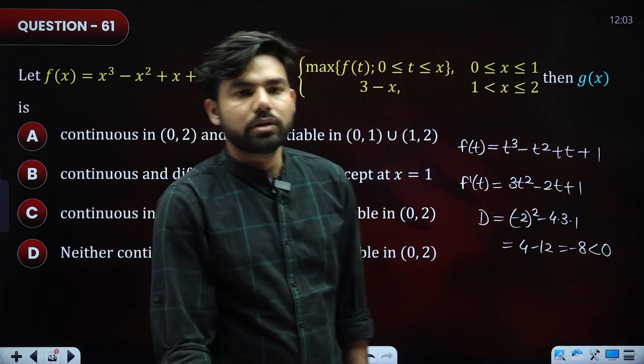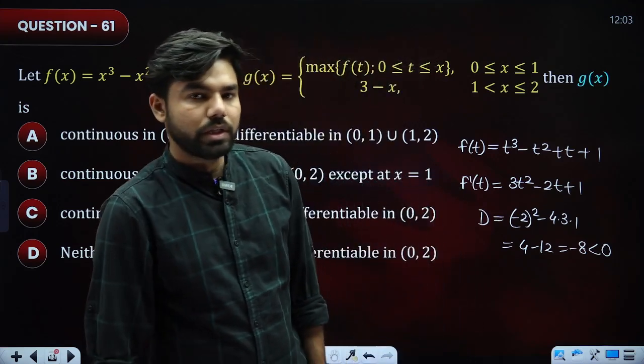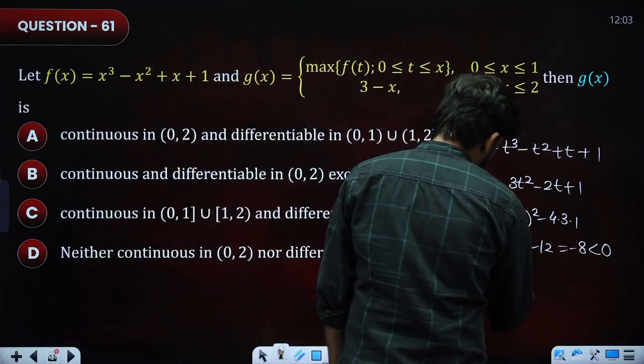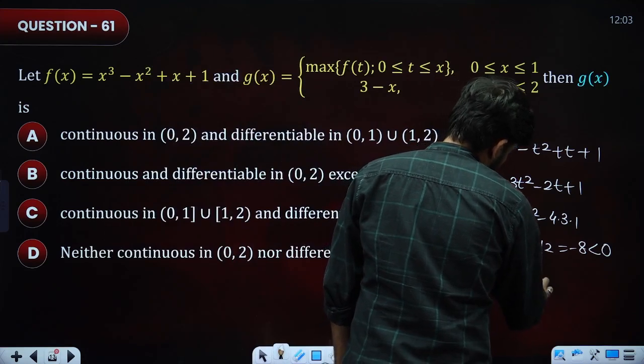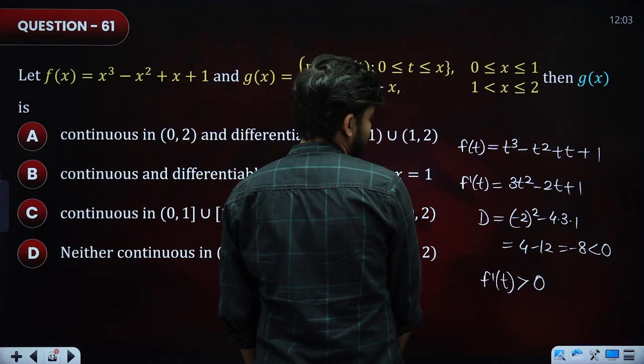So D is lesser than 0 over here, which means this is always positive.